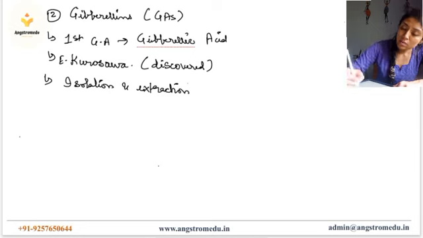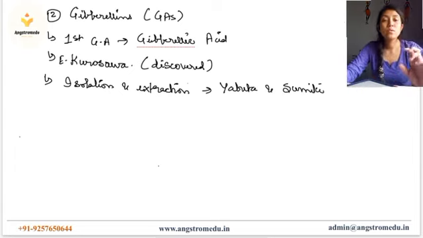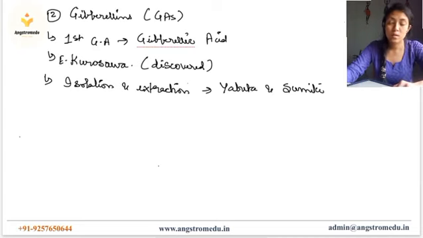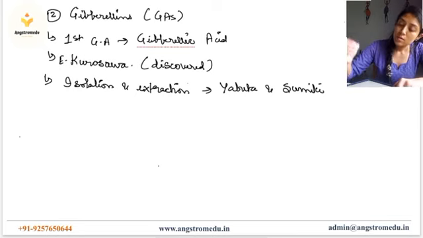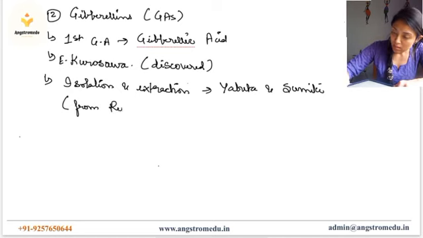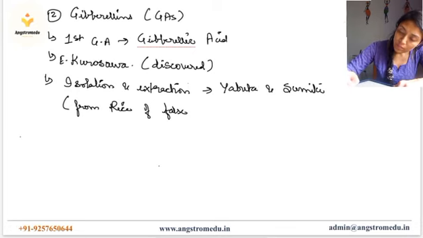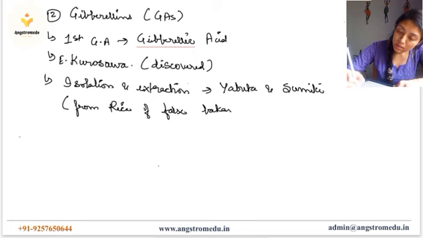Extraction and isolation was done by Yabuta and Sumiki. There were two other scientists, Yabuta and Sumiki, who were responsible for the isolation and extraction of this gibberellin. From where did they extract this? From rice of false bacon disease.